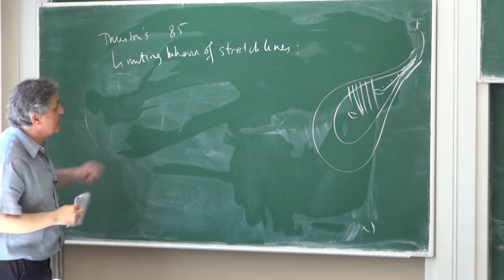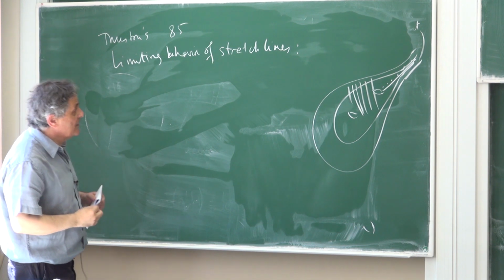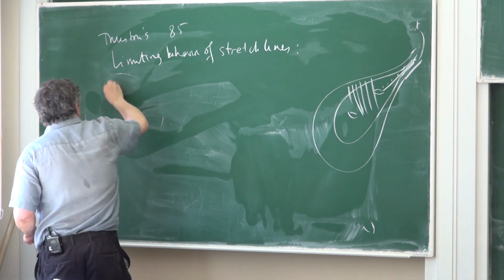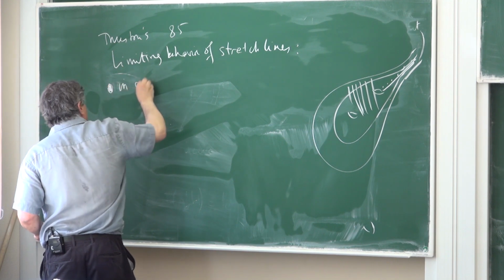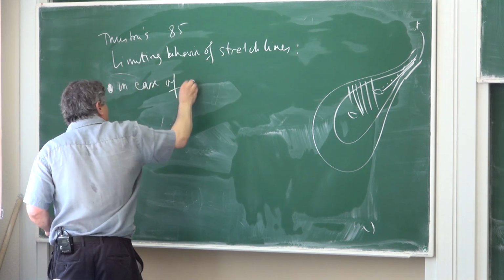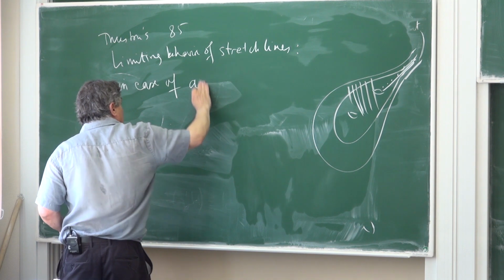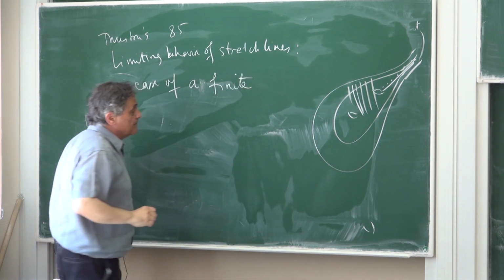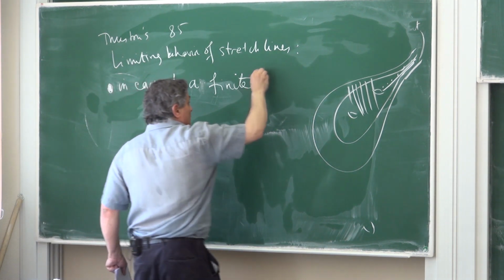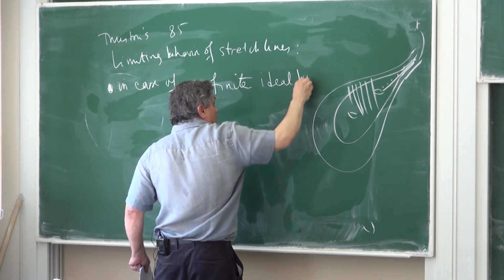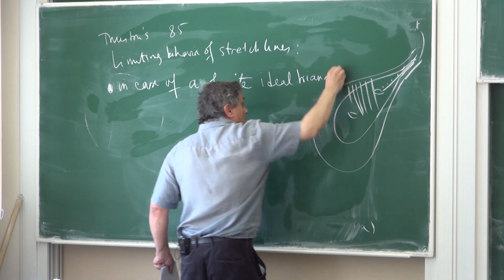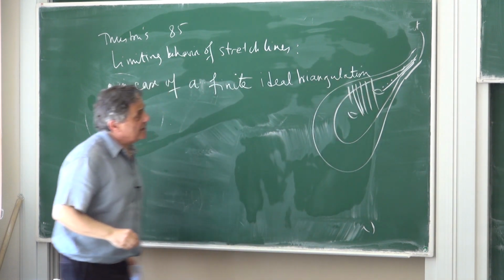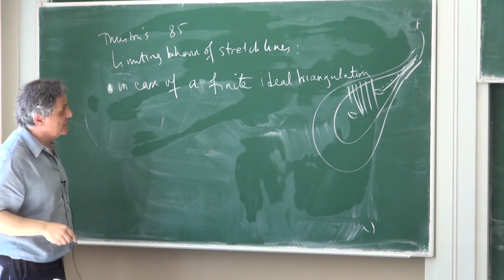I first wrote a paper on this in the case of, let's say, a finite ideal triangulation, like this one here, a finite number of geodesics cutting the surface into ideal triangles.